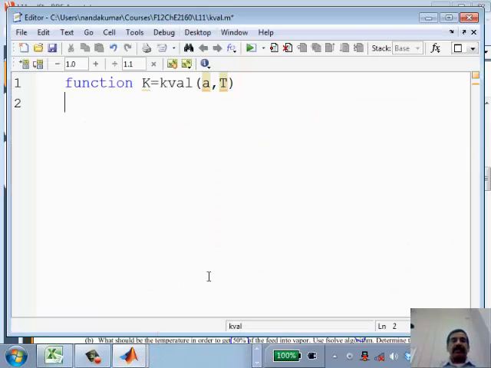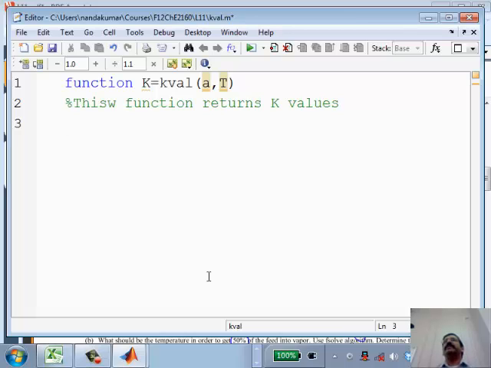Okay, so you can put any comments here. This function returns k values, okay? And what would be my statement like? This is going to be done for each component. So what I expect is A is a row vector of coefficients.